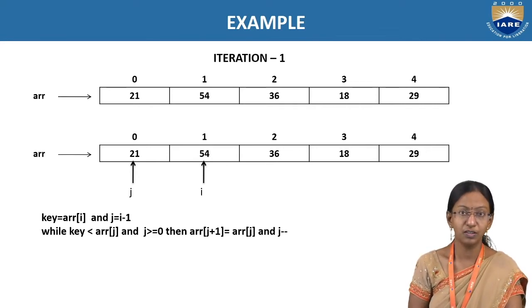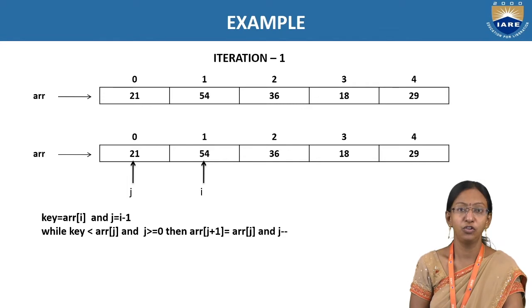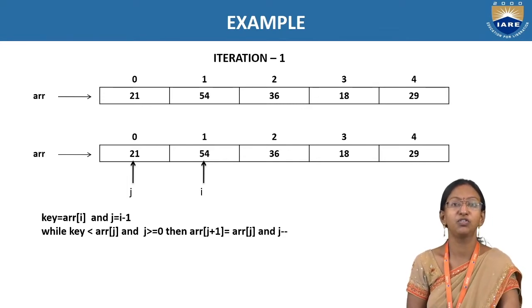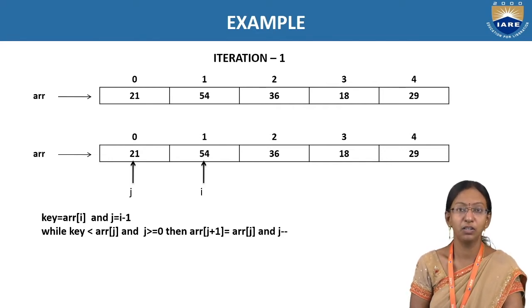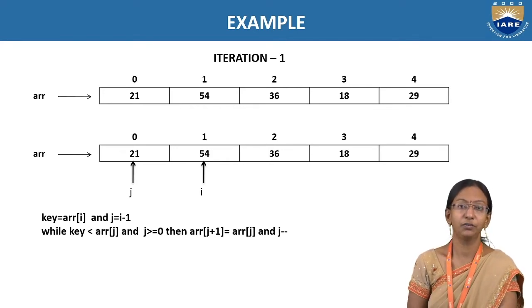If they are satisfied, then I place the jth value, whatever value in the list j is pointing to, in the j plus 1th position and decrement the j value. If any one of the conditions fails, the loop ends, and I increment the i value.